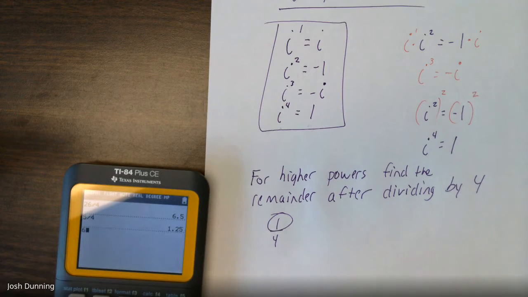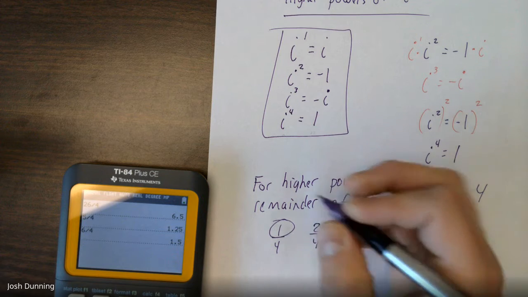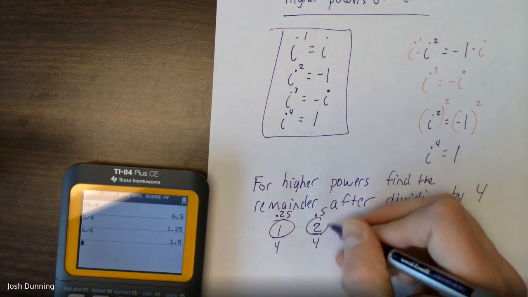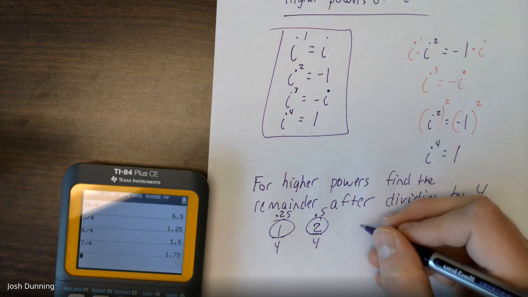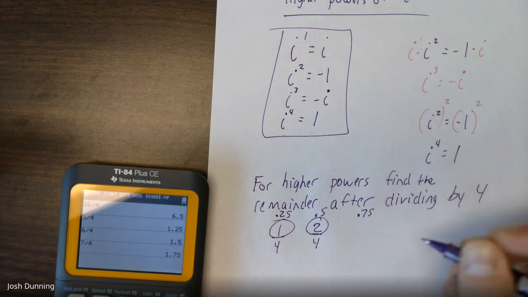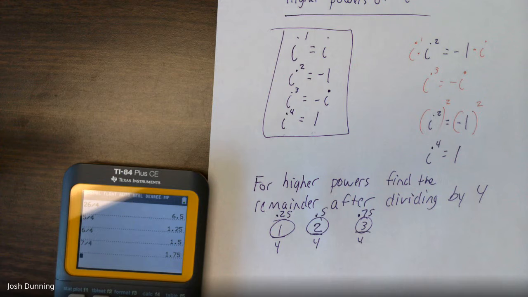Likewise, 6 divided by 4 is 1.5, 50 cents. 0.25 is 1/4, 0.50 is 2/4. So that's like a remainder of 2. 7 divided by 4, you can probably see where this is going. 0.75 is the remainder. That's like 3/4, a remainder of 3.